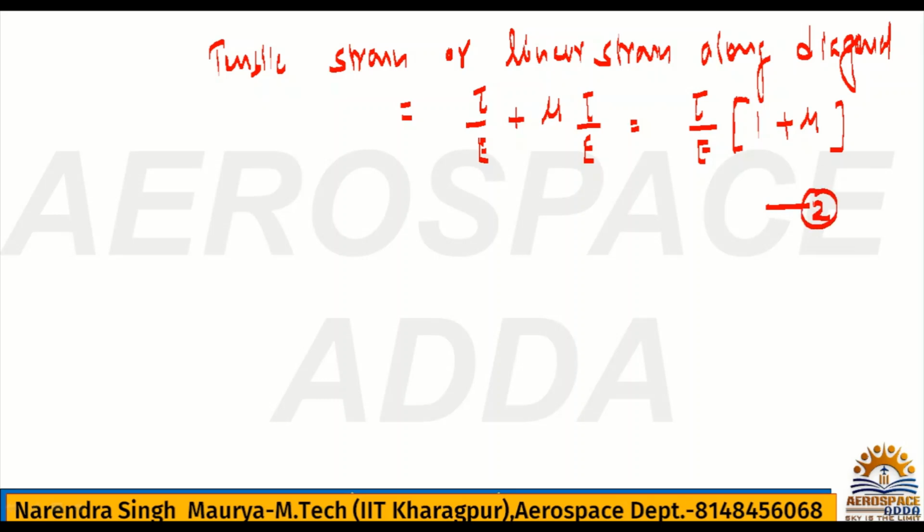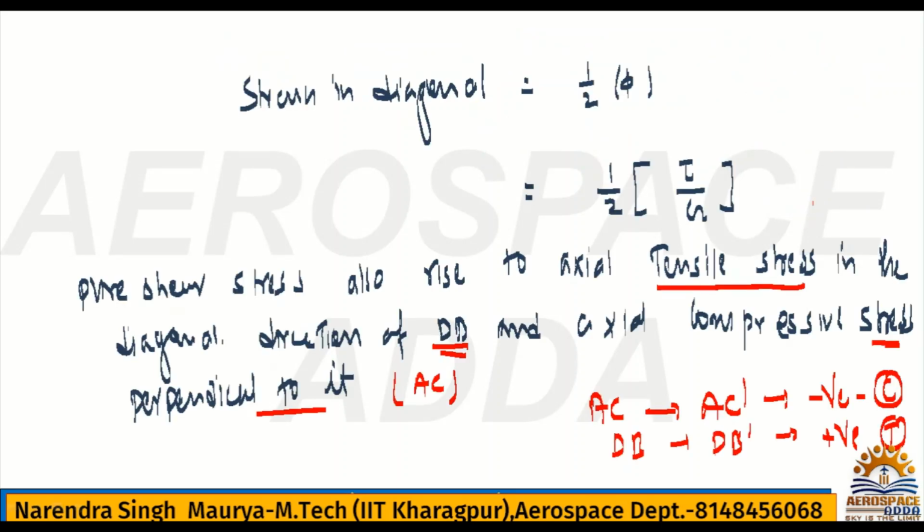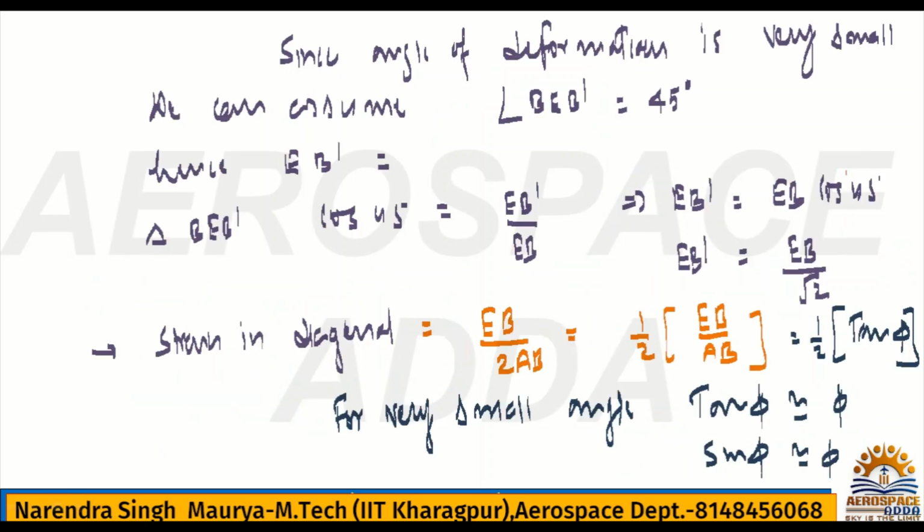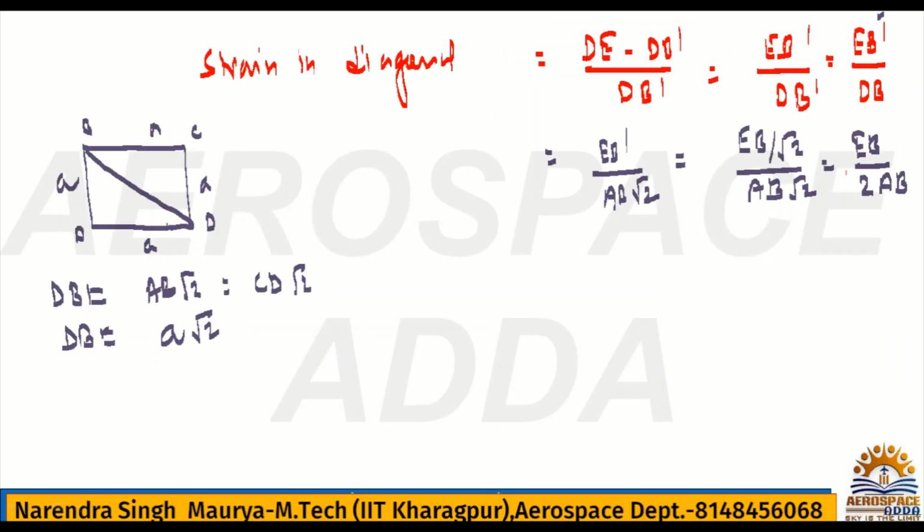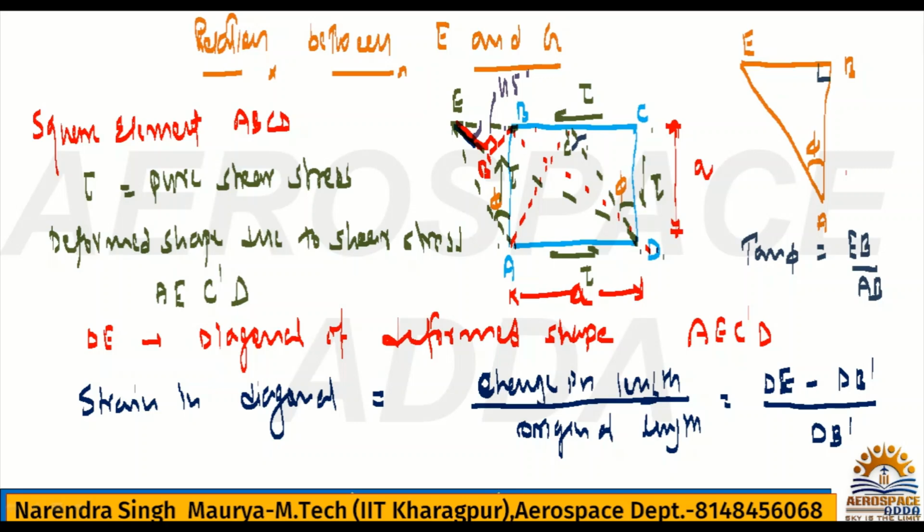And what is the diagonal strain? Another diagonal strain, this is the strain in diagonal, this is equation number 1. Whatever strain we are getting here, in both cases, was because of the shear stress consideration. We had taken the shear strain. See, the strain in diagonal, that is change in length divided by original length.